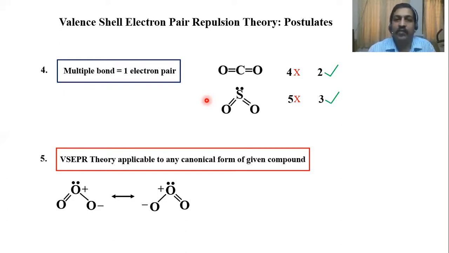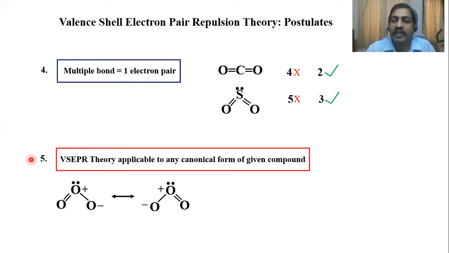Okay. Now, fifth postulate: VSEPR theory is applicable to any canonical form of a given compound. Now, some compounds exhibit the phenomenon of resonance. They can be represented by two or more equivalent Lewis structures, known as the resonance structures or canonical forms.